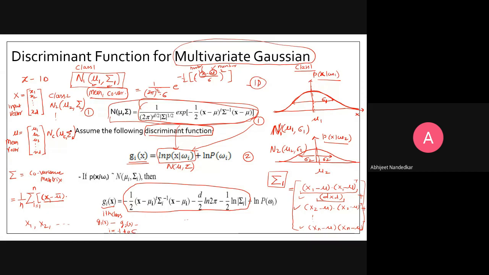If I put i equal to 1, this is the equation for class 1. If I put i equal to 3, then it is discussing class 3. If I put i equal to C, then it is discussing class C. So like that we can proceed. This is a generalized equation, and we are going to modify it as per our requirement.